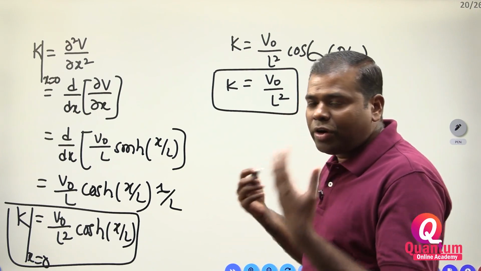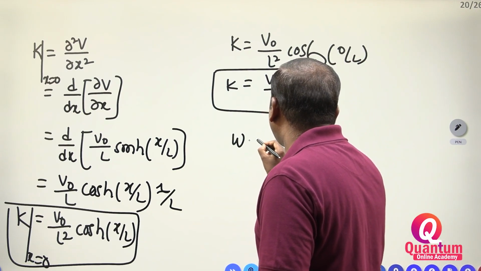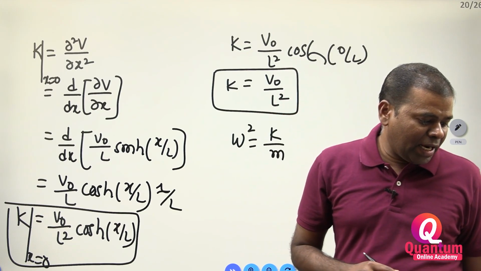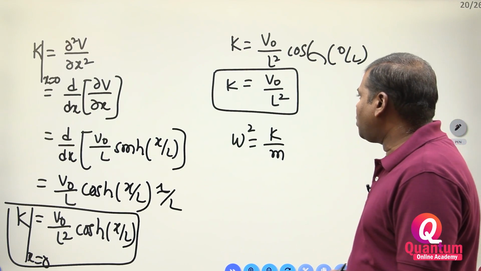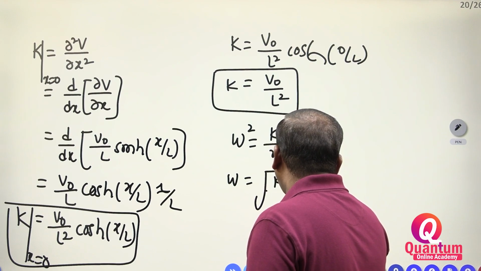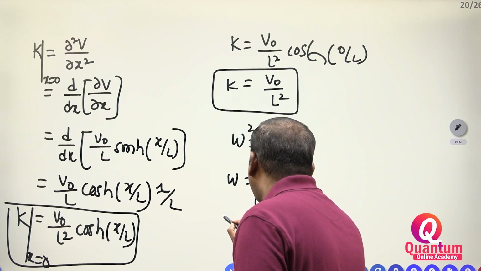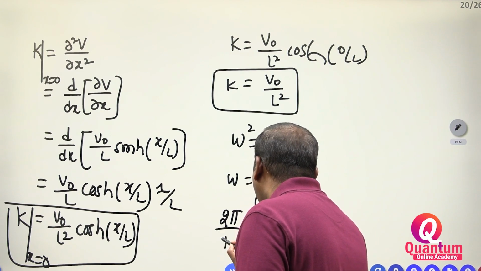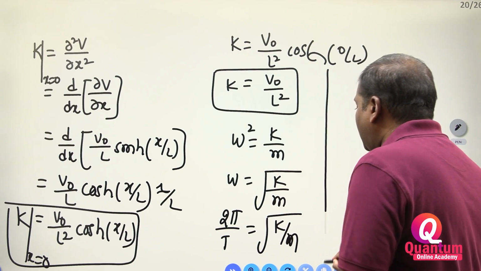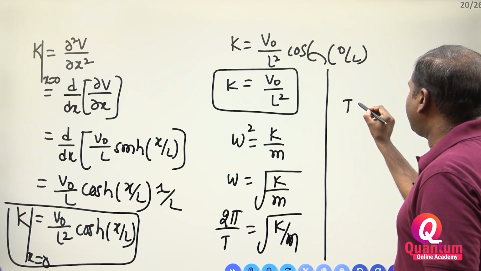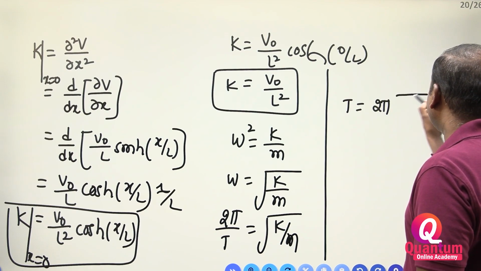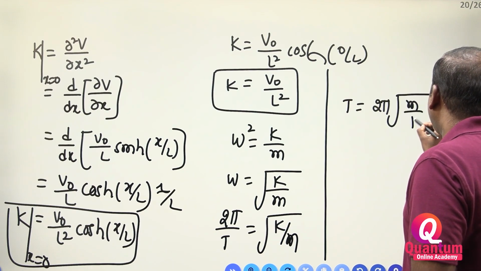But you know, angular frequency omega square is equal to k by m, so omega is equal to square root of k by m. Omega is equal to 2 pi by T, so T is equal to 2 pi into square root of m by k.